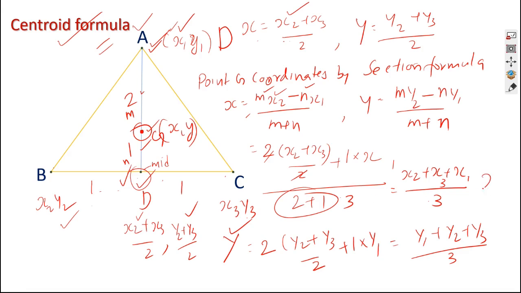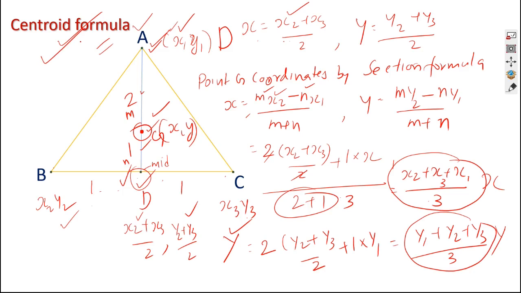This is for x, this is for y, to find out the coordinates of the centroid. We call this formula altogether, this formula and this formula, the centroid formula.